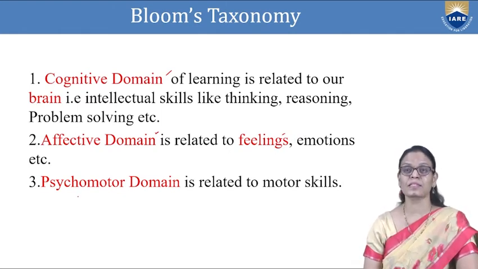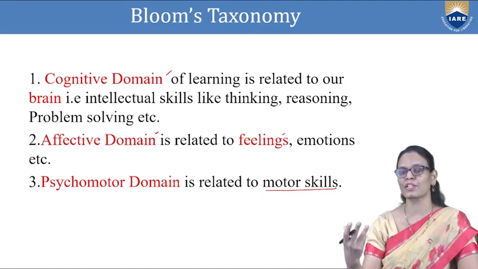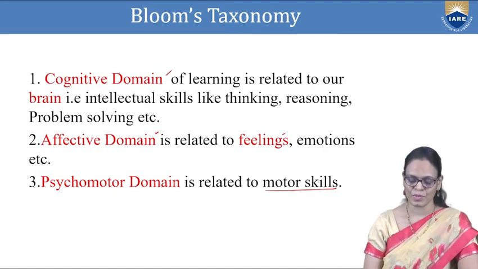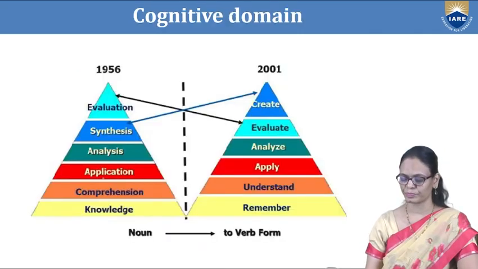And then there comes the psychomotor domain, which is related to motor skills: what we can do with our hands, what you can demonstrate, how you apply the knowledge and create something. So all these three domains are taken care of.